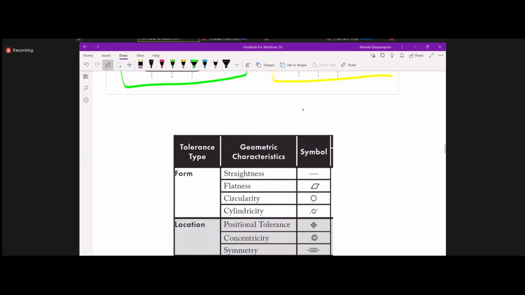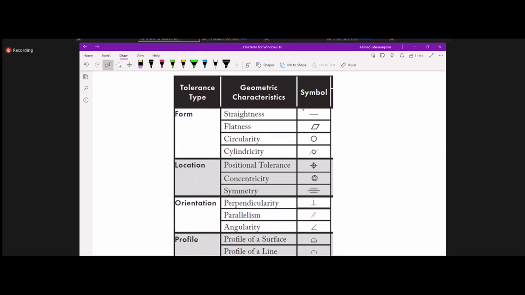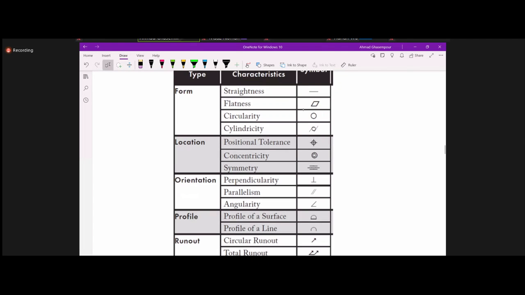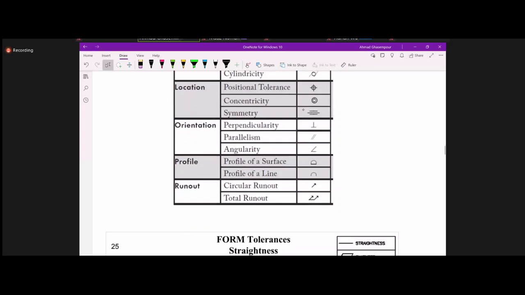So with those preliminaries, we can start looking at the geometric characteristics themselves. Again, as I mentioned before, these are grouped in 5 different groups, and we're going to cover them. There's an order or priority to them that you will see as you go through.